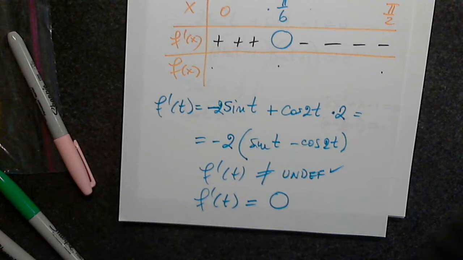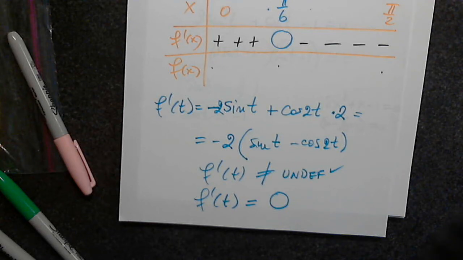In the second table, I want 0, I want pi over 6, and I want pi over 2. Yes, you will say, well, you can't really put that 2.5981 because you're not going to give us the exact answer.